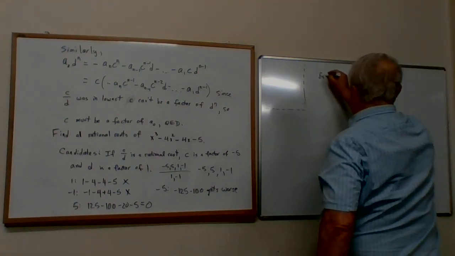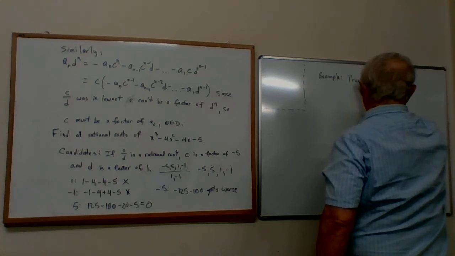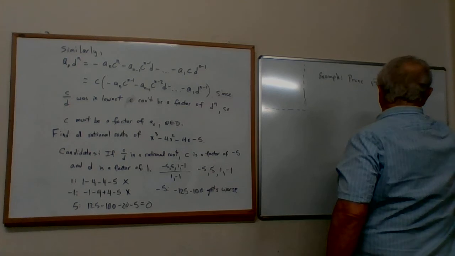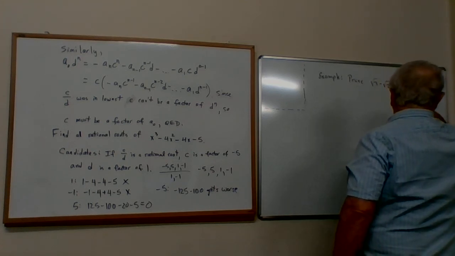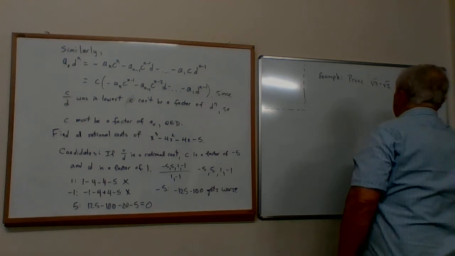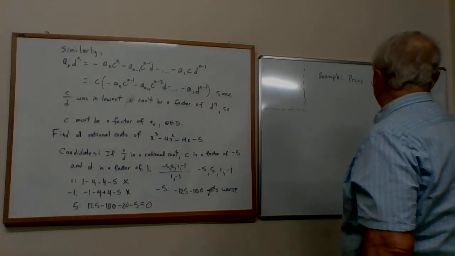So another example. Prove the square root of 3 minus the square root of 2 is irrational. Well, here's how we're going to do that. Square this number.